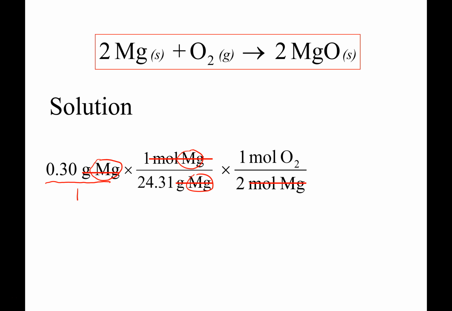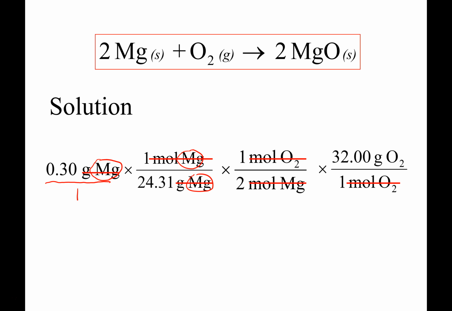The last step is to go from moles of O2 to grams of O2 using its molar mass, 32.00 grams per mole. Since we want moles to cancel, we use the unflipped version of the molar mass, so 32.00 grams of O2 per 1 mole of O2.